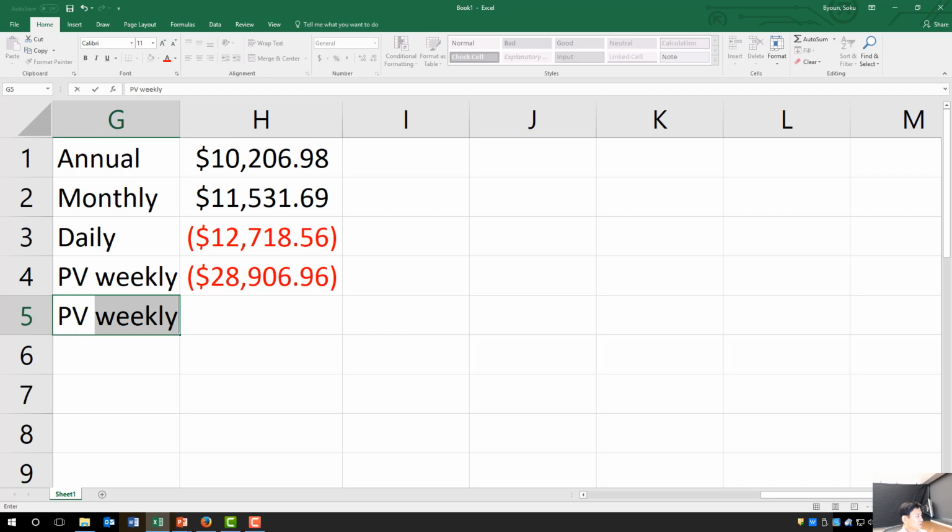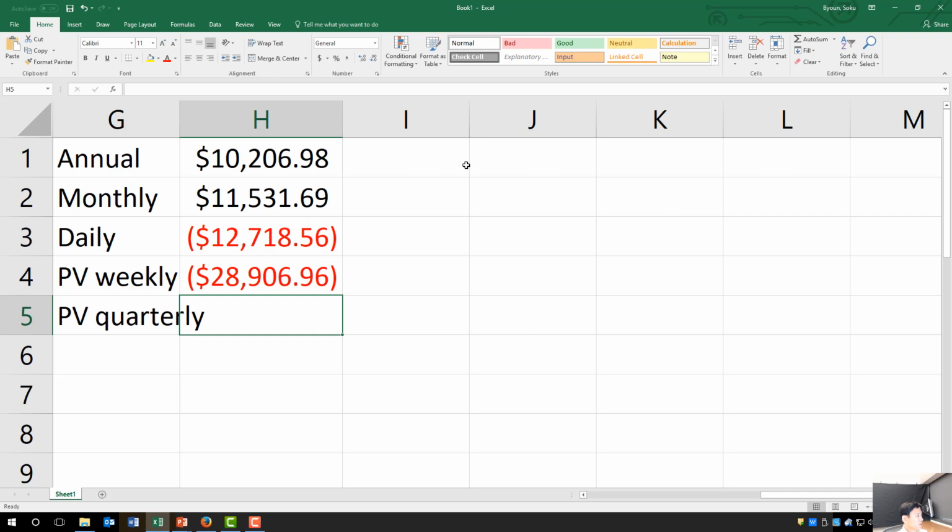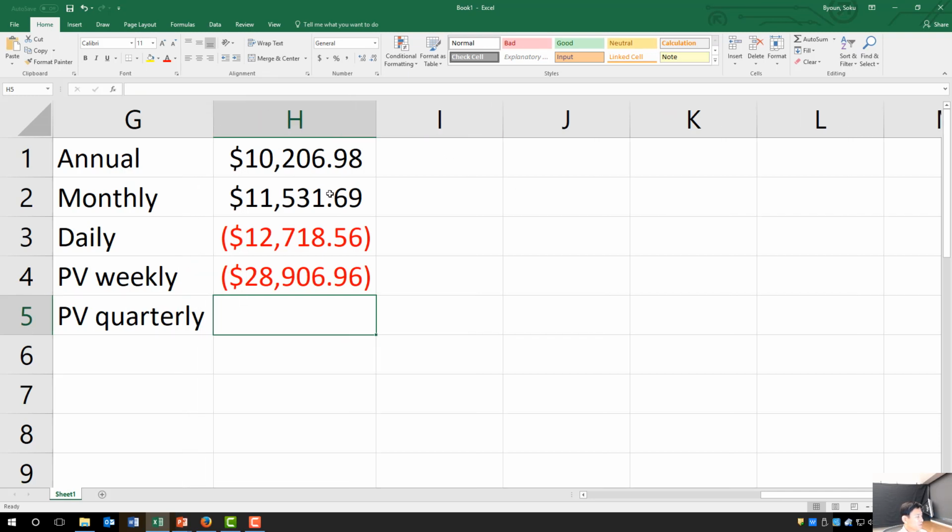And present value with quarterly, you will have present value of 0.07 divided by 4 quarters, and 4 times 5 years, no other payment, for $40,000.